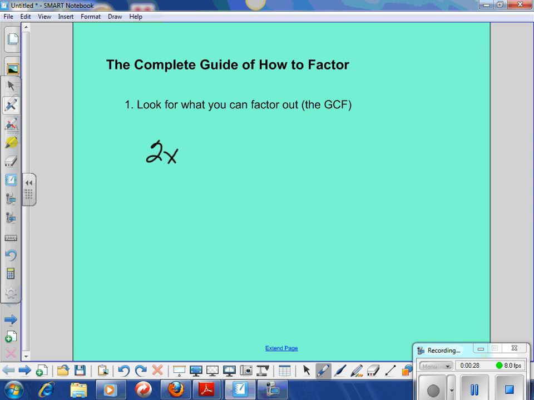If you have 2x times x to the third minus 4x plus 3. Remember, when you distribute, you first took that 2x to every term inside. Now, x to the third, remember, it's the implied 1 in front. So take your coefficients first. 2 times 1 is 2. x times x to the third is x to the fourth.